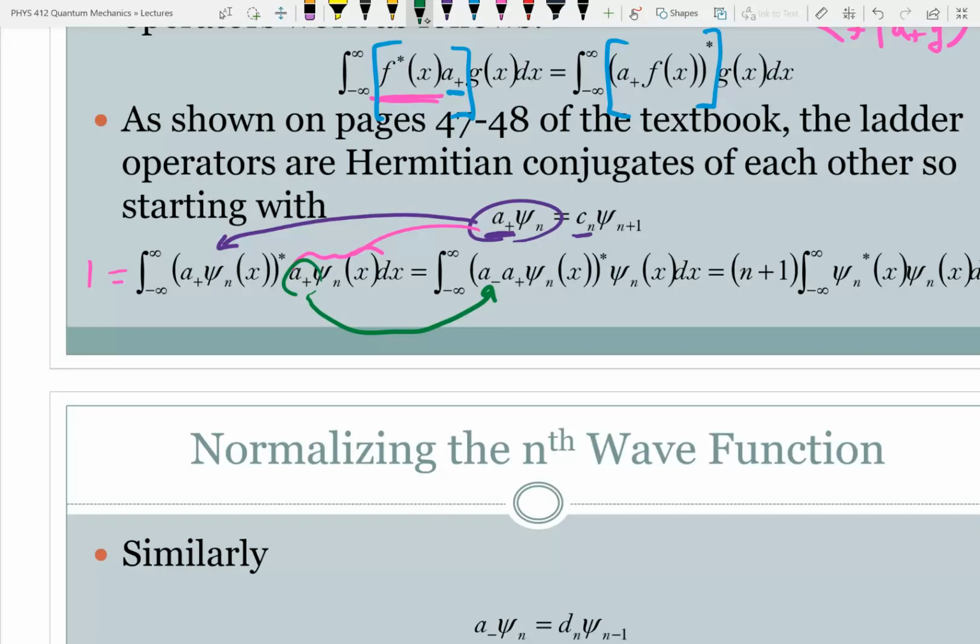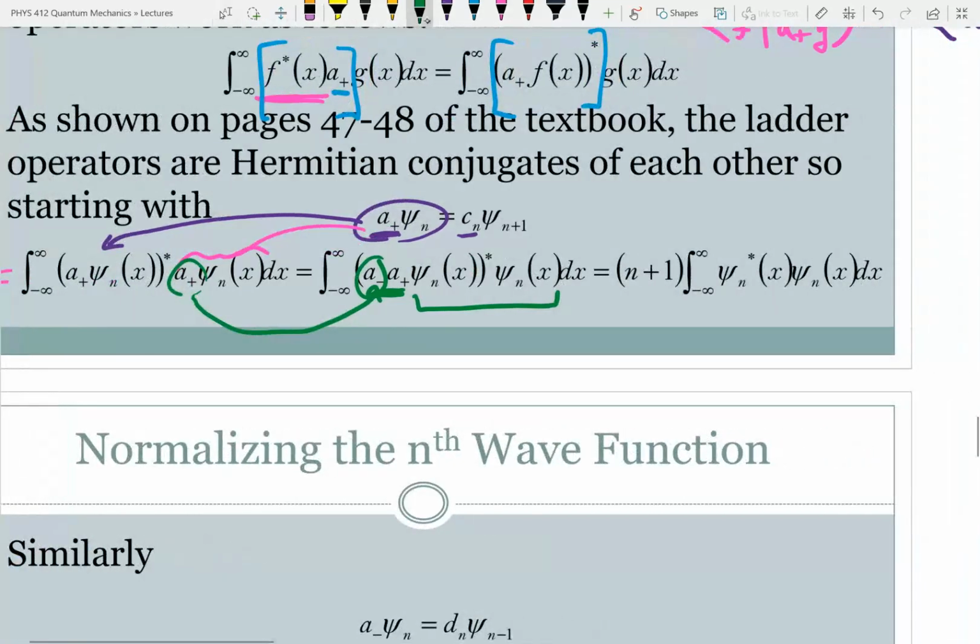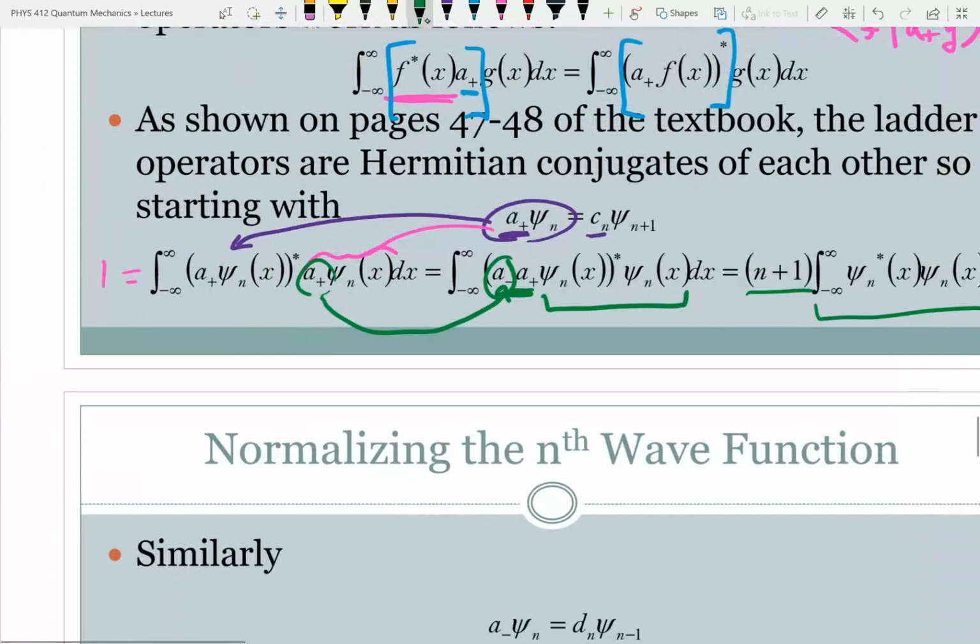But the complex conjugate of A plus is A minus, because the difference in A plus and A minus was the sign in front of I. But now this is A minus A plus psi n, psi n. This here we know is going to be normalized, and A minus A plus acting on psi n is going to be n plus 1. So we have n plus 1 times 1.